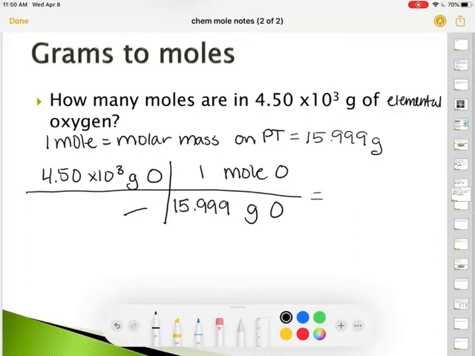So let's put this into our calculator. 4.50 times 10 to the 3, so EE3, grams of oxygen cancels out, divided by 15.999. Since this had 3 digits, we don't count the exponent as part of our digits. Okay, we're going to get 281 moles of oxygen.